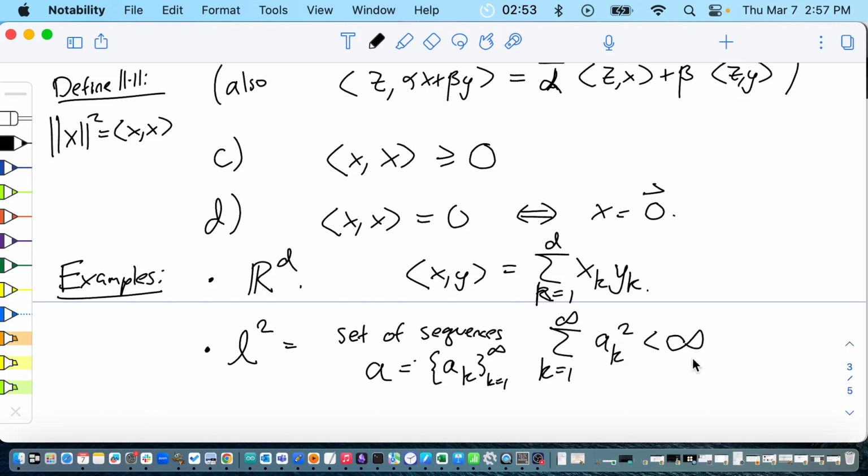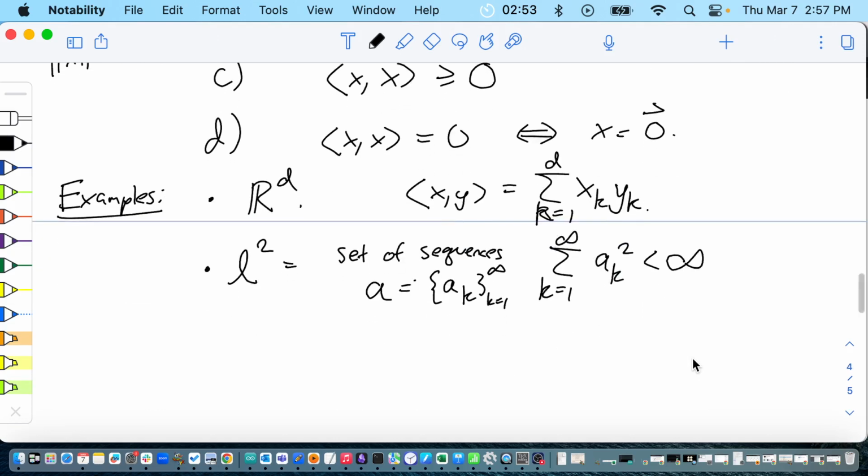So that's little l2. Little l means sequences, and the inner product on this space, you can probably guess what it is. If you have two sequences A and B, then this will be the infinite sum of AK times BK.